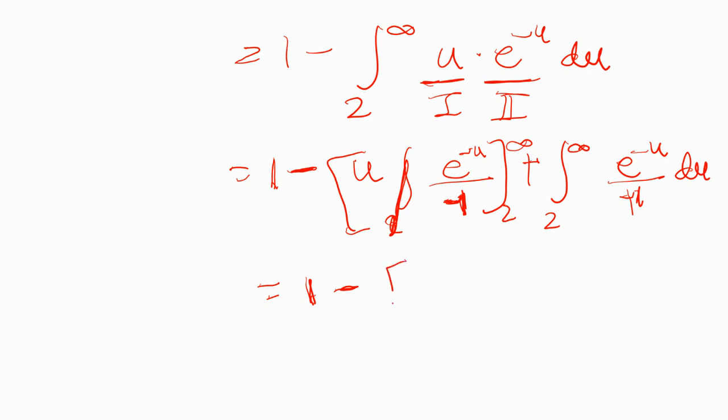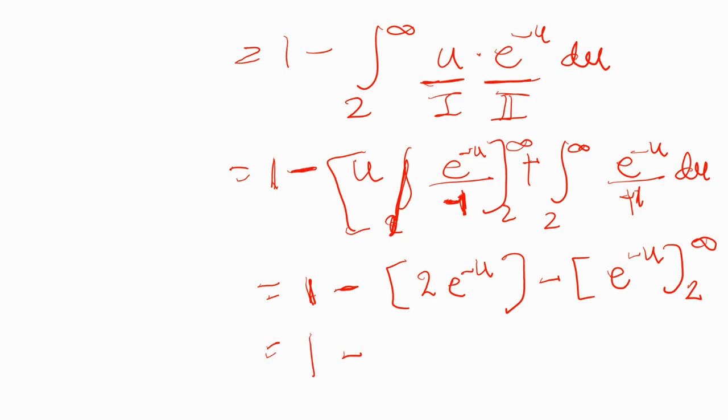In the next part, it will be 2 e to the power minus 2, and then for this, it will be e to the power minus u from 2 to infinity, which will be 0 minus e to the power minus 2. So it is 2 e to the power minus 2, and then e to the power minus infinity will be 0, and the next one will be plus.